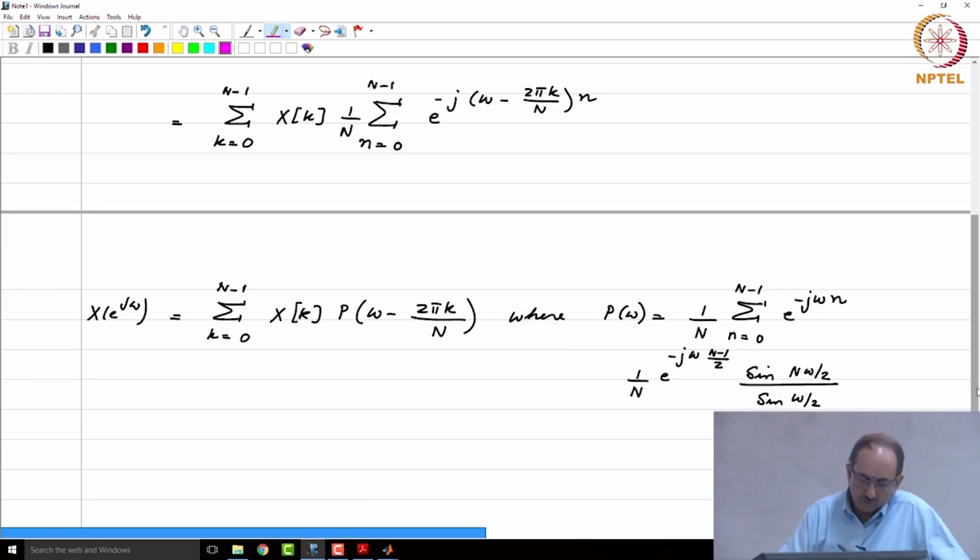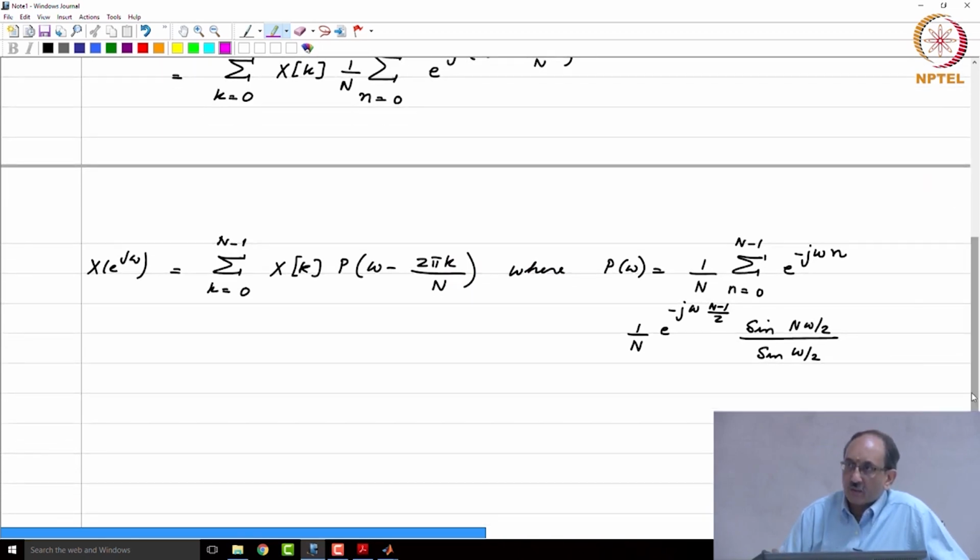So this is no different from what was happening in the sinc interpolation case. Whenever you hit the sample value, the contribution from other samples will be 0, only that sample will survive, which is what should be, because that sample value equals the value of the DTFT at that point. You do not need any other contribution; it is only in between samples that you need contributions from every other sample.